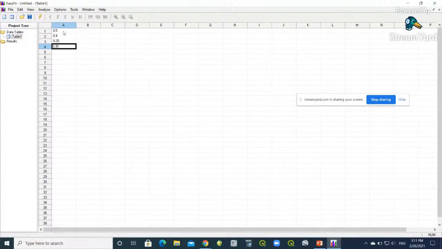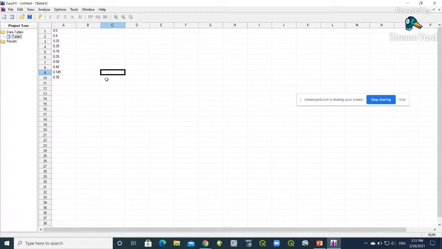Suppose you have some values. I think a minimum of 5 values is required. Suppose you have this type of data, a very small sample. You may have 100 or 1000 values that you want to analyze.